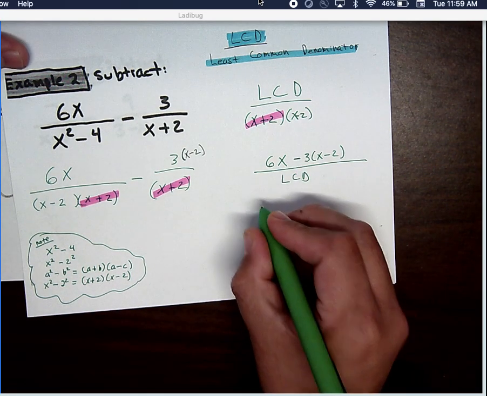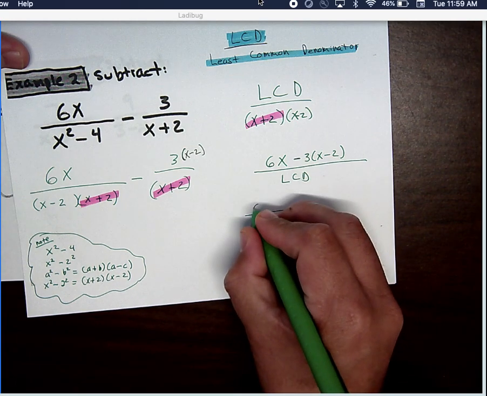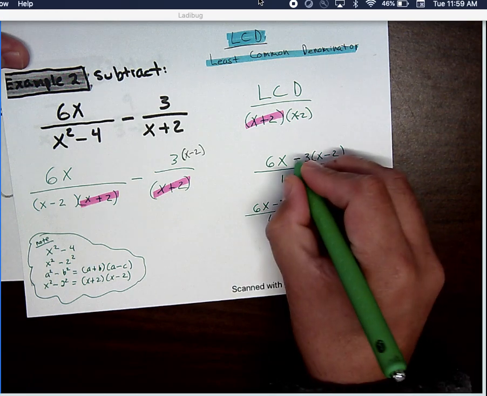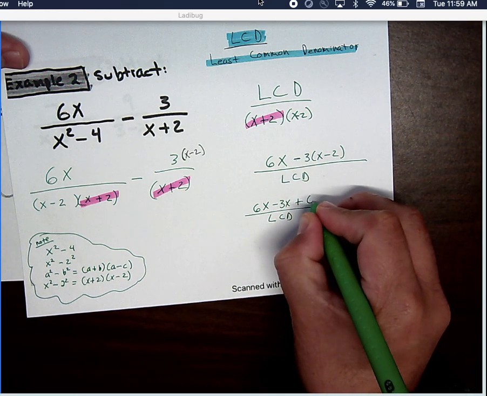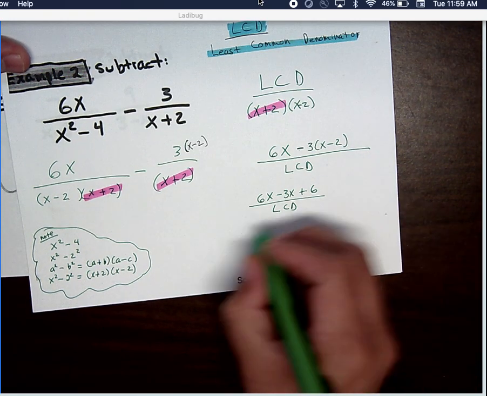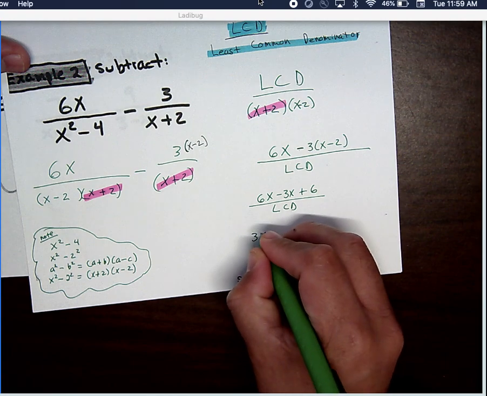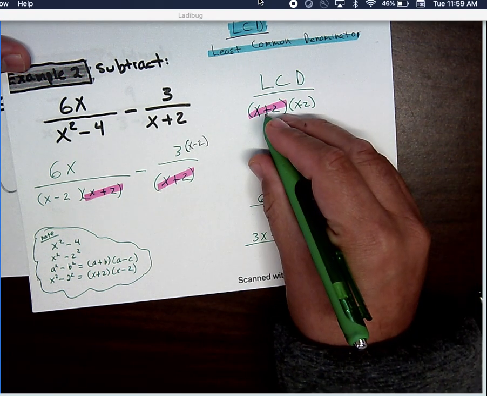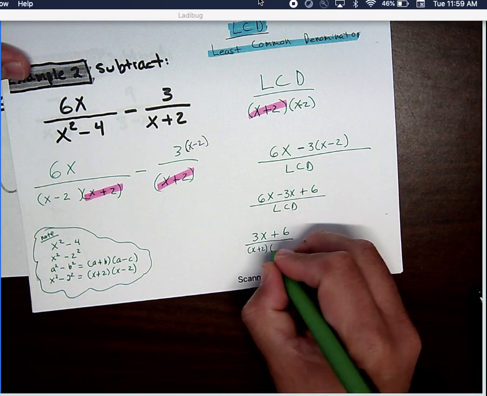So this would become, let me rewrite it, LCD, 6x minus 3x plus 6. So 6x minus 3x gives you 3x plus 6 over. Now we can write the LCD, x plus 2 and x minus 2.